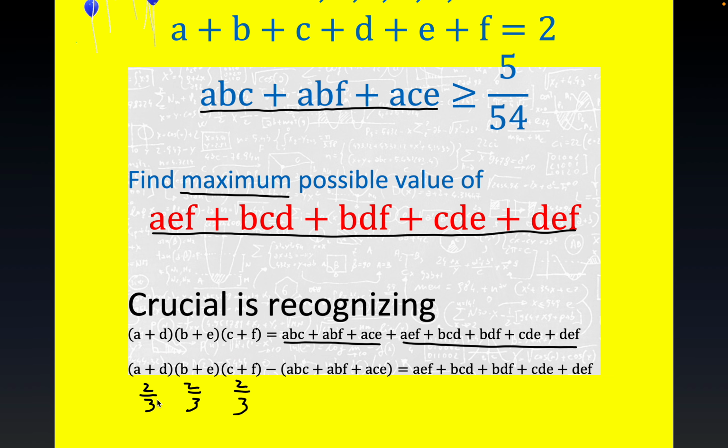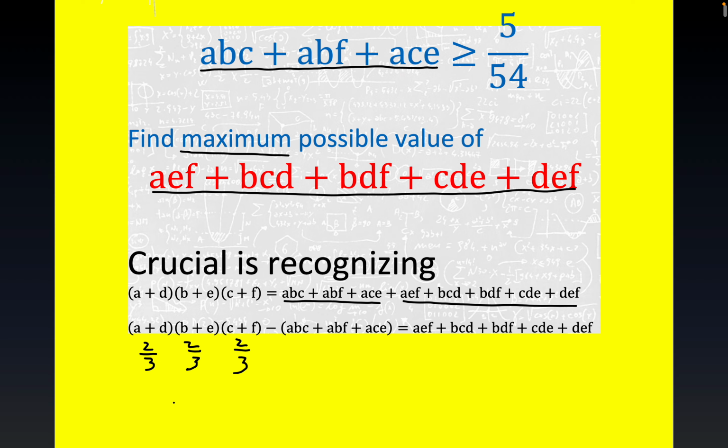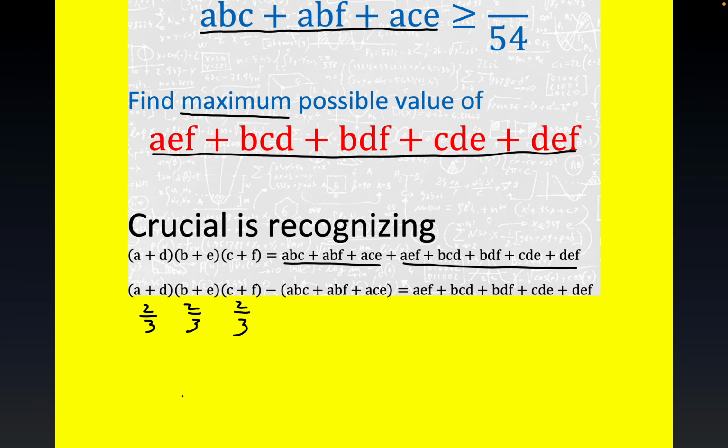If you add up these 3 numbers, you clearly get 2, which is what they all individually add up to. Okay, so this part maybe is the most obscure part right here. That product is going to be what, 8 over 27? That's when this is as big as it can be. We already know when this is as big as it can be, right? So we'll have 8 over 27.